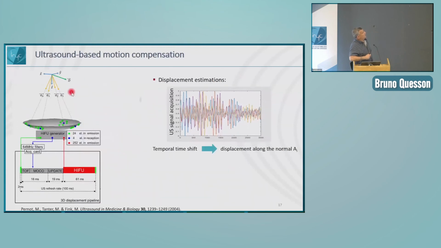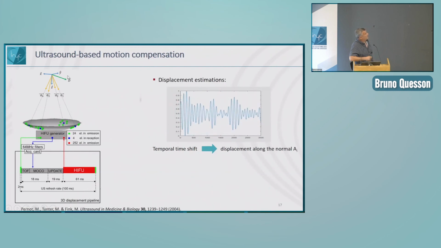And to account for that, one of our former students, Pierre Bour, in fact, modified a bit the device. He selected a few elements that were used in reception and not in transmission, and you select the surrounding active elements from the ultrasound transducer to make a push, and you make an echo simultaneously with four apertures, and using a temporal correlation of these signals, you can retrieve the displacement of your target in 3D real time.